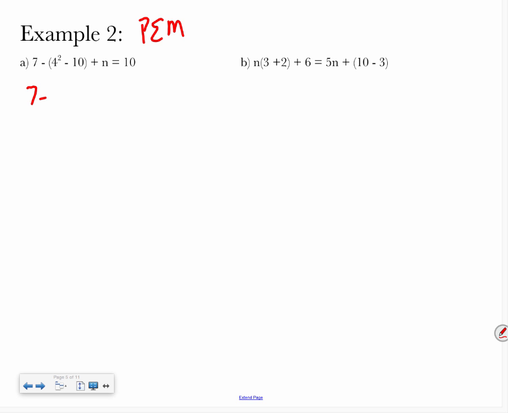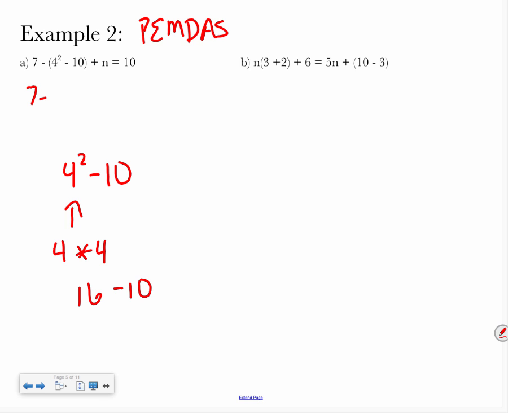Remember, math builds on itself, so going back to order of operations, PEMDAS, we do our parentheses first. Inside, we have 4 squared minus 10, so we do our exponent first. 4 squared is the same as 4 times 4, not 4 times 2. So that is 16 minus 10 inside our parentheses.